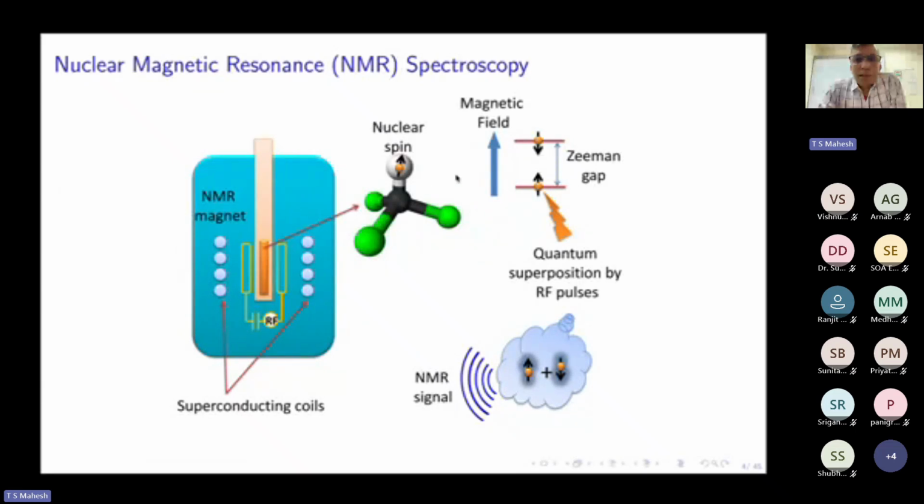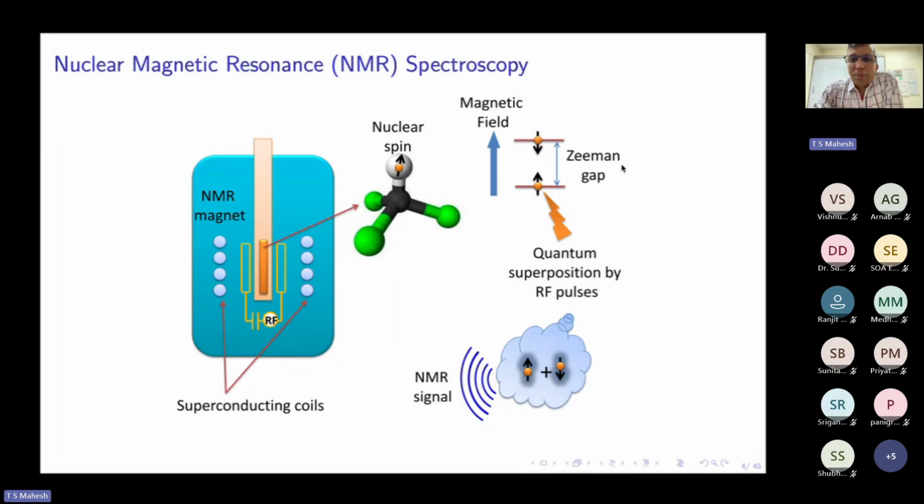via Zeeman interaction. If you take a spin half nucleus, for example, hydrogen nucleus is a proton, and proton is a spin half particle. It will have two magnetic quantum numbers, plus half and minus half. If you take plus half as parallel to the magnetic field and minus half as anti-parallel to the magnetic field, there will be an energy gap.